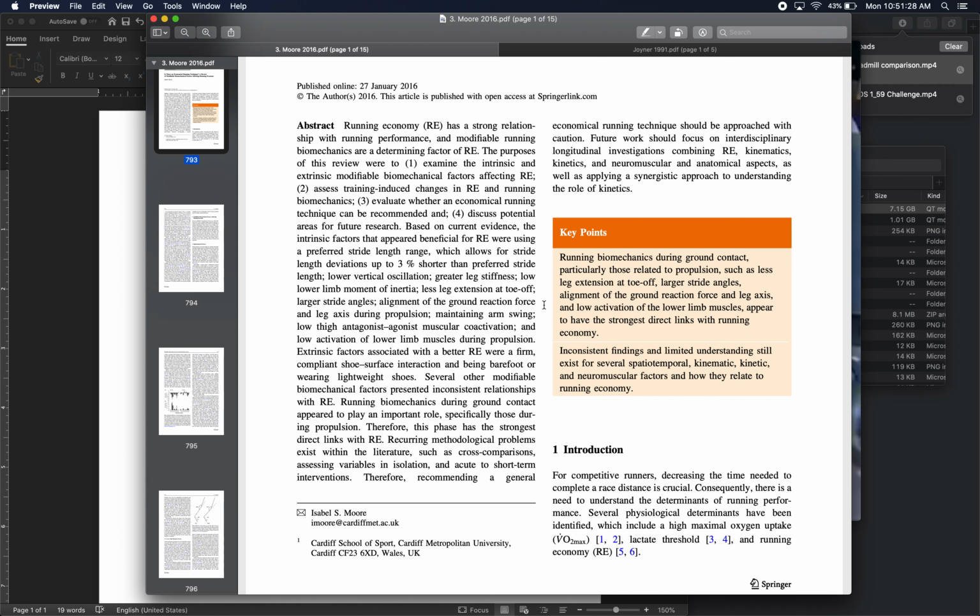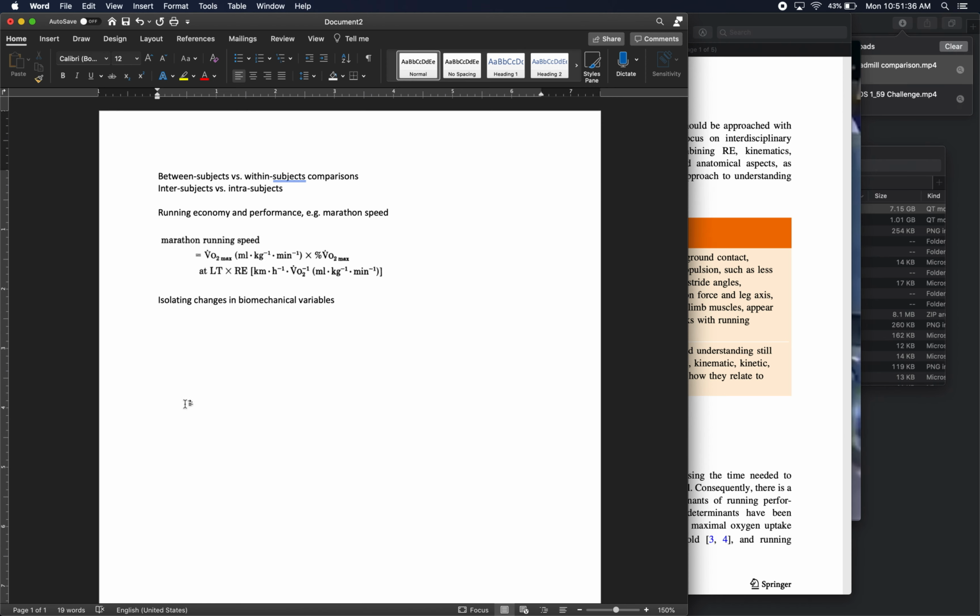Before we get into the guts of the paper here, I want to highlight a few things in terms of terms in the paper. In the paper, you will see it referring to different types of comparisons or different types of study designs. I think the term that the paper uses more frequently is inter-subject comparisons versus intra-subject comparisons.